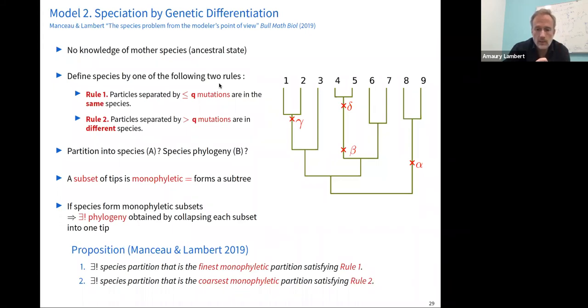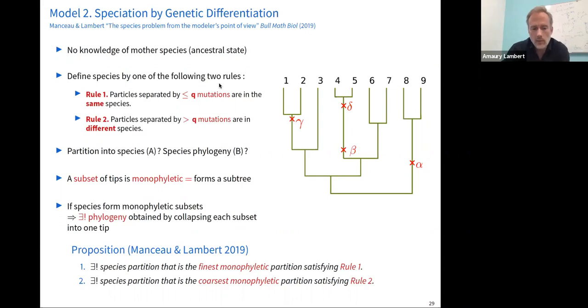Otherwise said, this subset contains all the descendants from the most recent common ancestor of the subset. For example, 6 and 7 is monophyletic. 4, 5, 6, and 7 is monophyletic. But 6, 7, and 8 is not monophyletic. That's clear? Yeah.